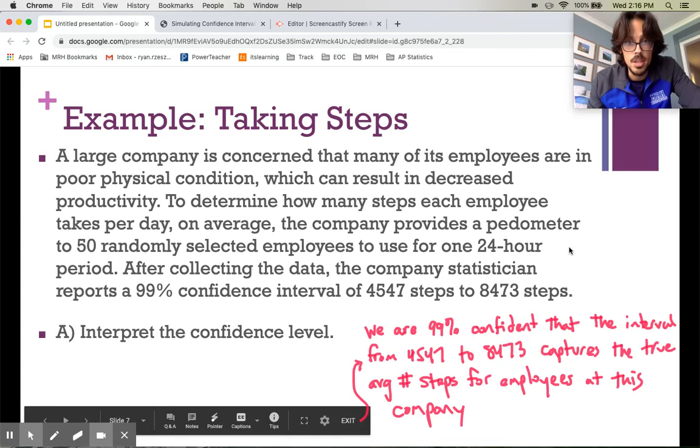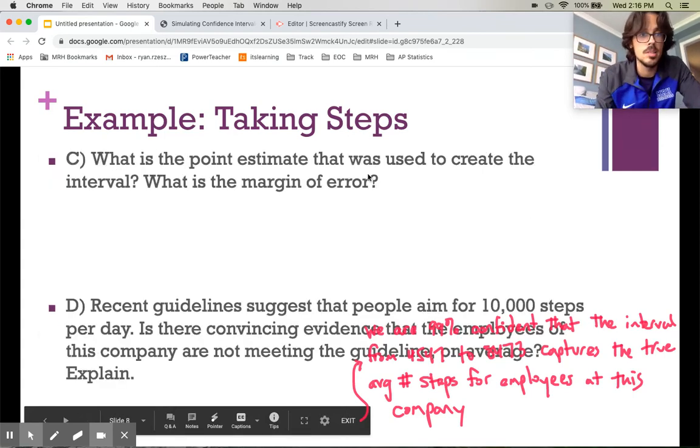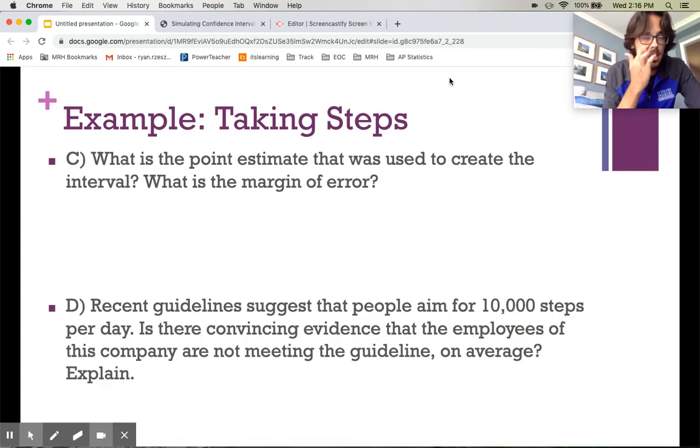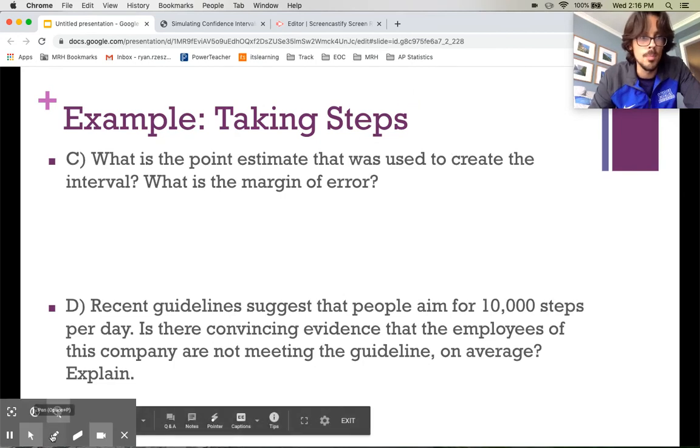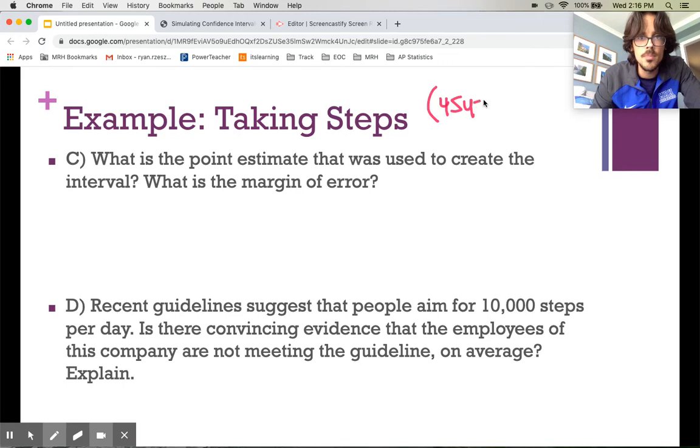So 2 more things I have for you guys, and then we're done with this lesson here. The next thing they ask us to do is actually calculate the point estimate and the margin of error. So our interval from the last page went from 4547 to 8473.